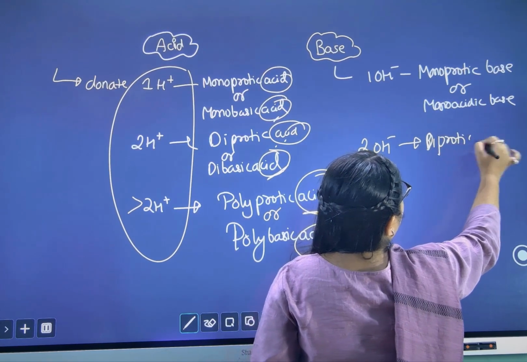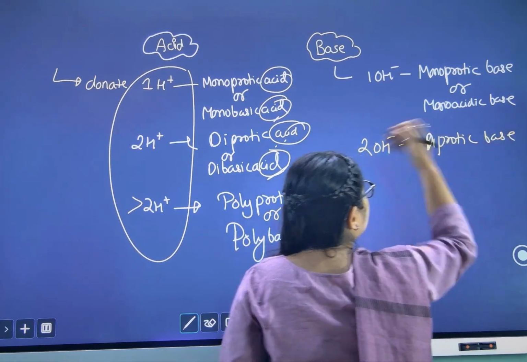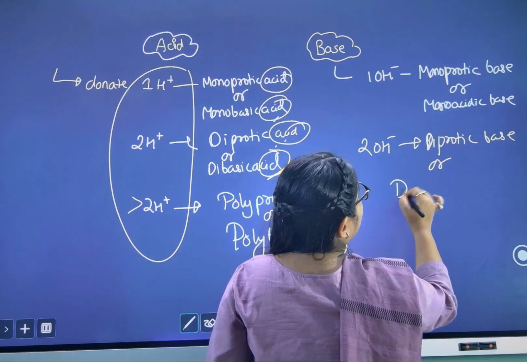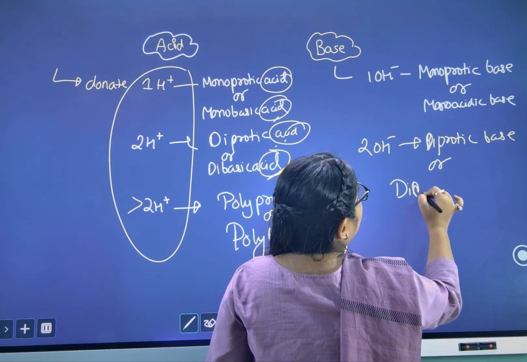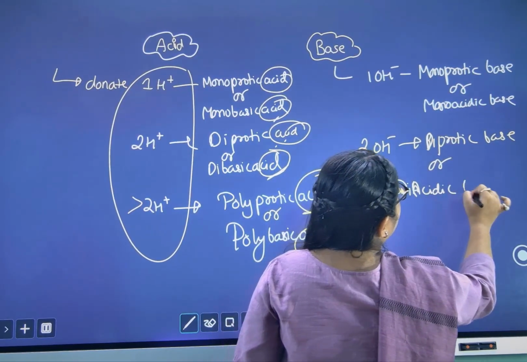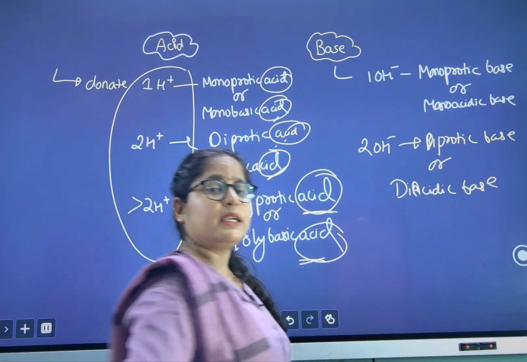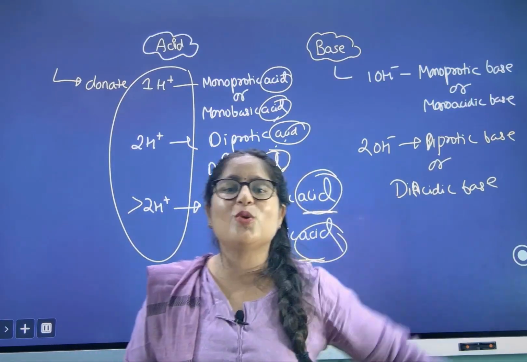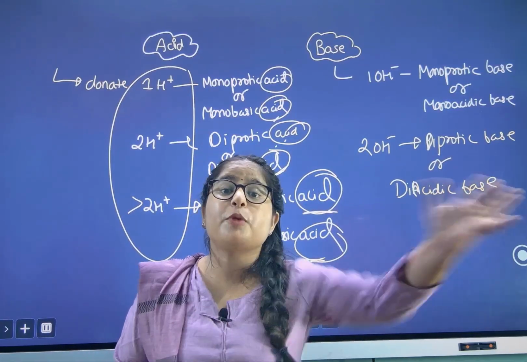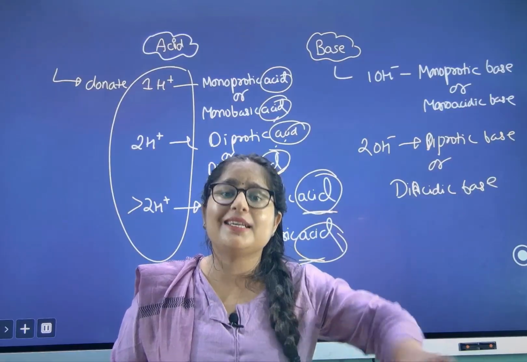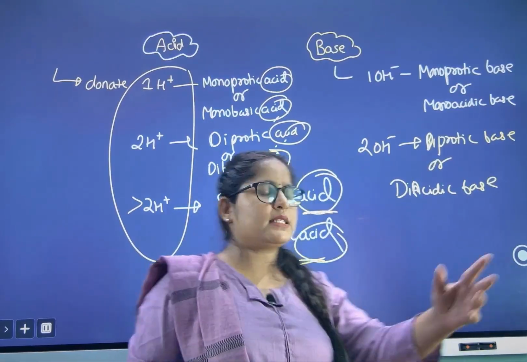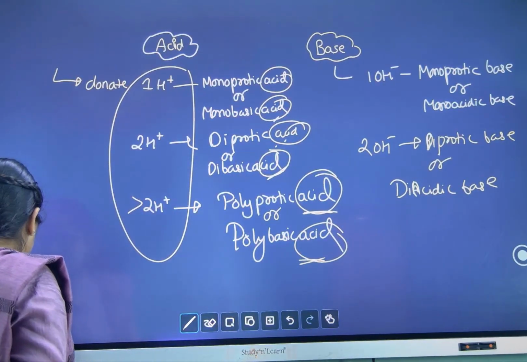Diprotic base, or else diacidic base. Similarly, if it is more than 2OH-, I will say polyprotic base or polyacidic base. Clear? Okay. So next, you write down here the anti-star.